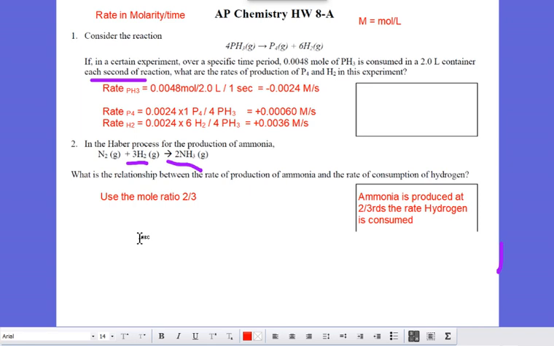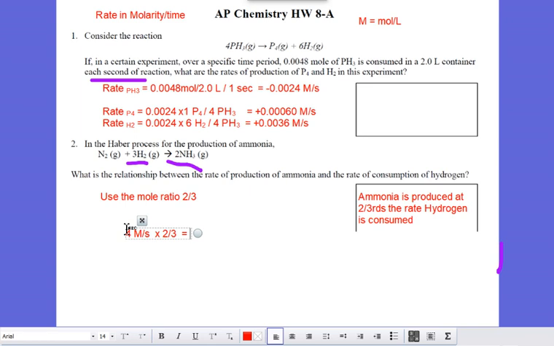Let's imagine the rate was, let's say, 4 molar per second for hydrogen's consumption. Then we would multiply that by 2/3 to get the rate of production for ammonia. I didn't pick out very good numbers, did I?